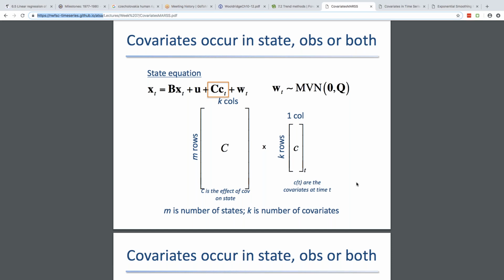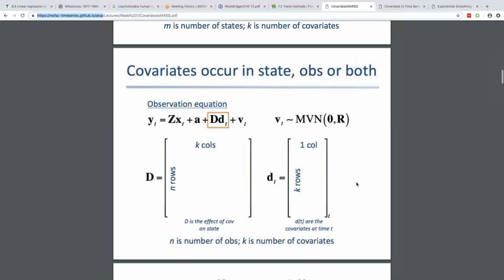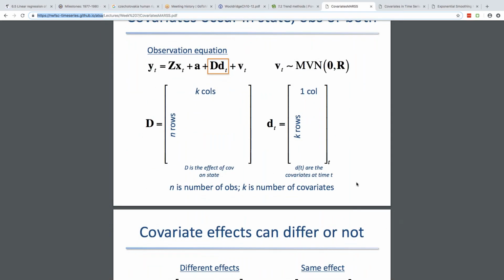This matrix here, the C matrix, is the effect of the covariate on the state. So this is going to have k columns, because this has k rows, and it's going to have one row for each state. Same thing for the D matrix and the little d. The little d are the covariates, so these are the covariates that are affecting the observations.